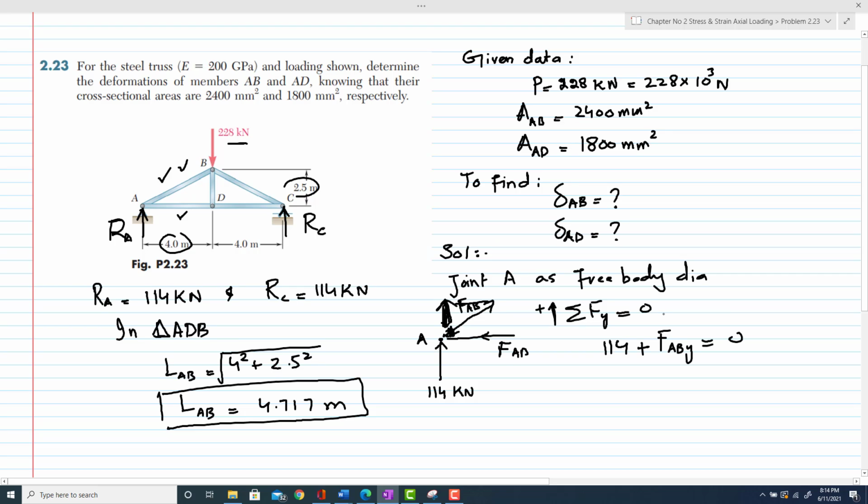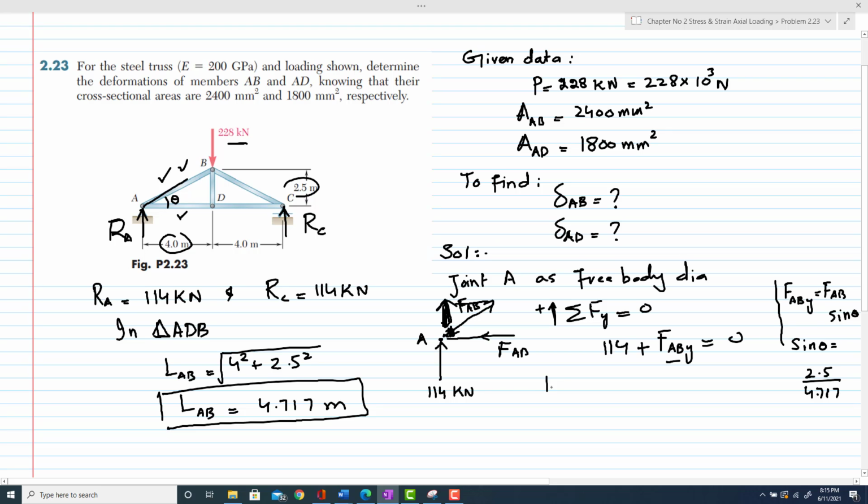Okay. This vertical component of FAB will be equal to FAB sine theta, and sine theta will be equal to 2.5 over the length AB, that is 2.5 over 4.717.